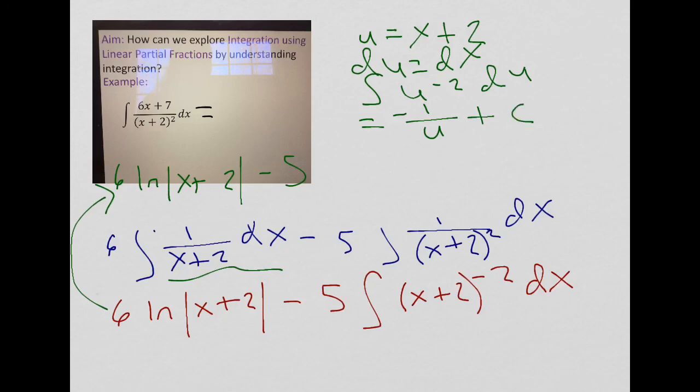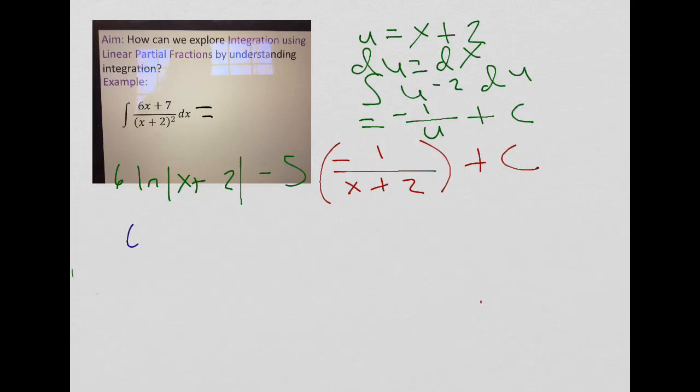plus c. So we're going to insert that over here, but we have to remember that we're working with u. So we have to change the u back in terms of x. And let's just make this a little tidier for an answer.